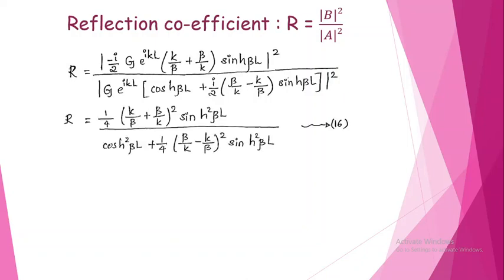Here we need to solve it again. G and e to the power ikl will get cancelled from numerator and denominator, and when you solve it, i square is minus 1, minus into minus is plus, and 2 square is 4, so we get 1 by 4 into (k by beta plus beta by k) whole square sinh square of beta L, divided by cosh square beta L plus 1 by 4 (beta by k minus k by beta) whole square sinh square beta L. This is because it is of the form (x plus iy) whole square, which equals x square plus y square.